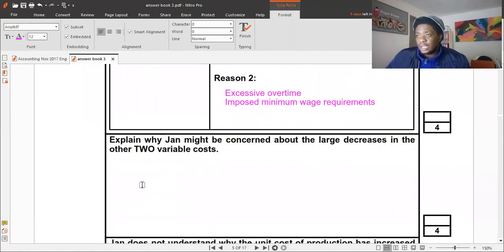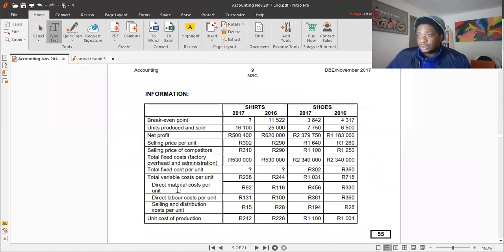Cool. And then the next question says, explain why Jan might be concerned about large decreases in the other two variable costs. The direct material cost went down to 92. The selling and distribution cost went down from 28 to 15.